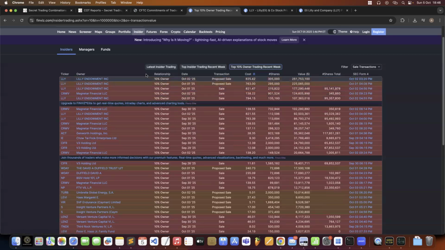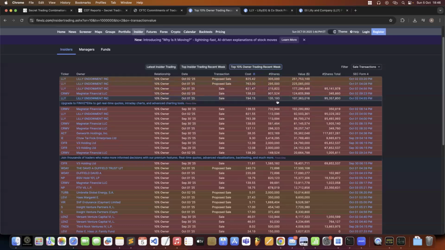And you can see right here, it's proposing, and this person is a 10% owner making these trades, and they're proposing to sell 295,000 shares, which should be worth about 225 million. And then there's another 305,000 shares they want to sell, which should be worth about 251 million.